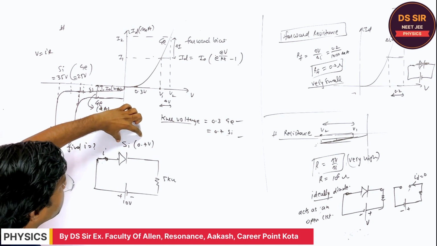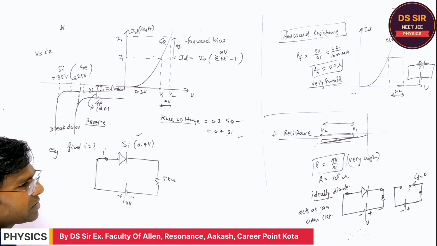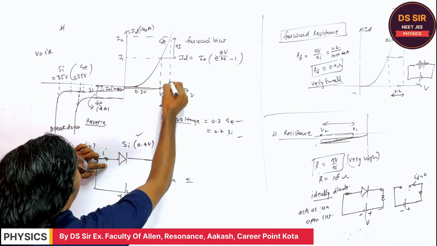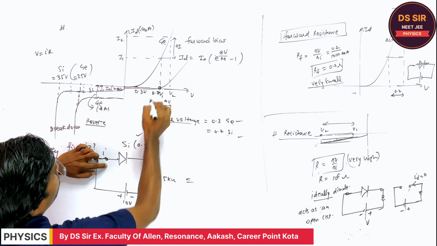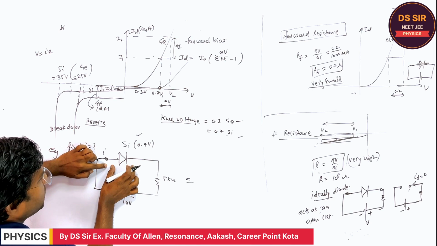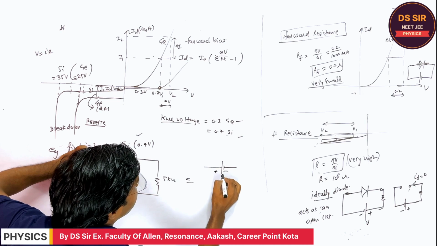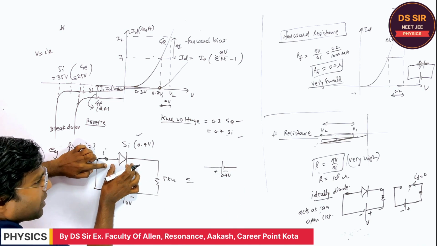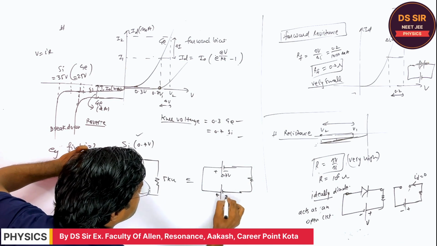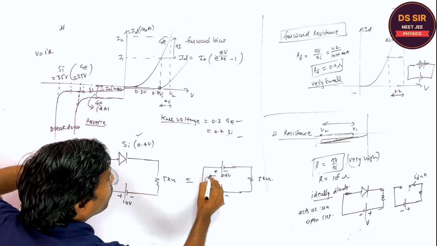If the barrier potential of the diode is given, it is a practical diode. What does it mean? It offers a potential drop equal to the barrier potential, say 0.7 volt, acting in the backward direction. This is the 10 volt battery and this is the 5 kilo ohm resistance. So what will be the current?